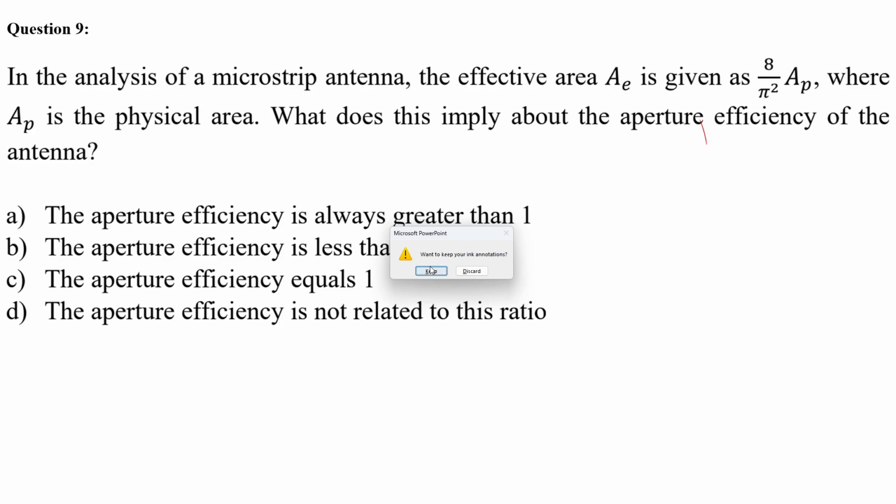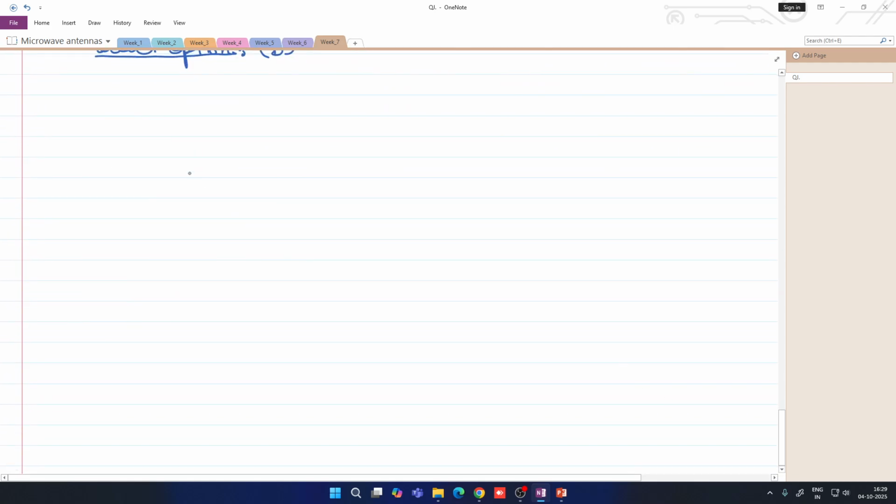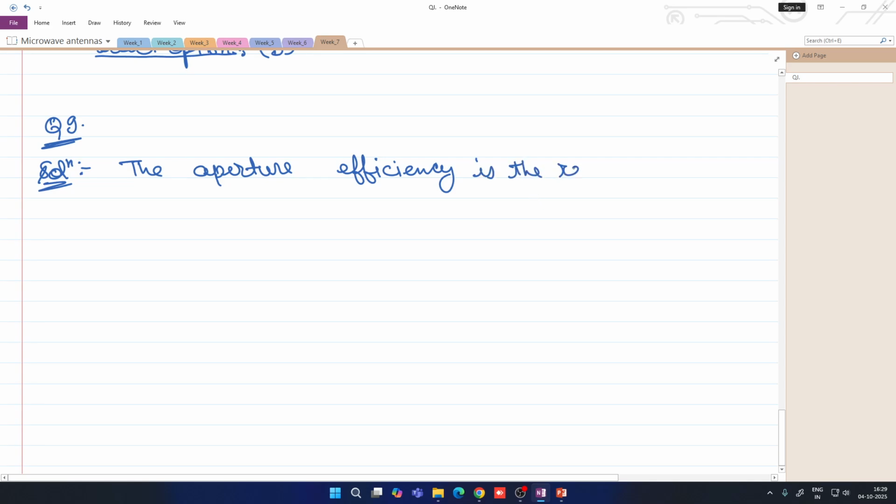Let me write this down. The aperture efficiency is the ratio of the effective area to the physical area.